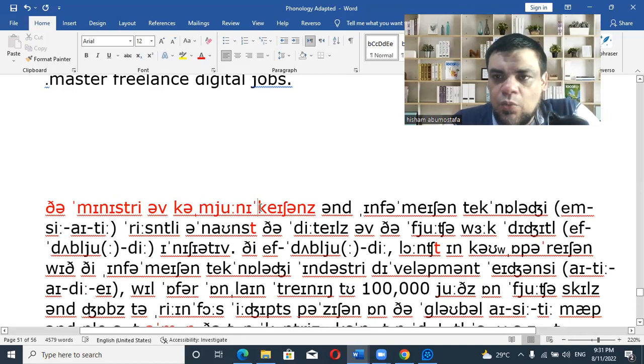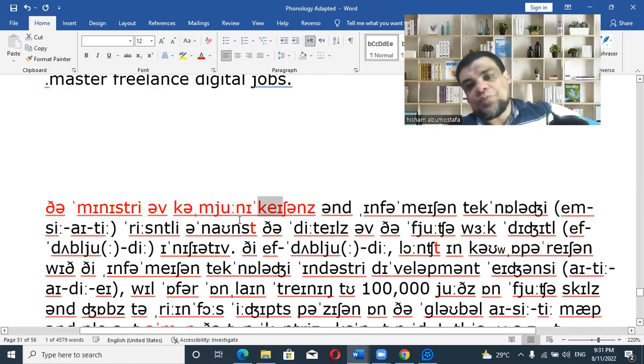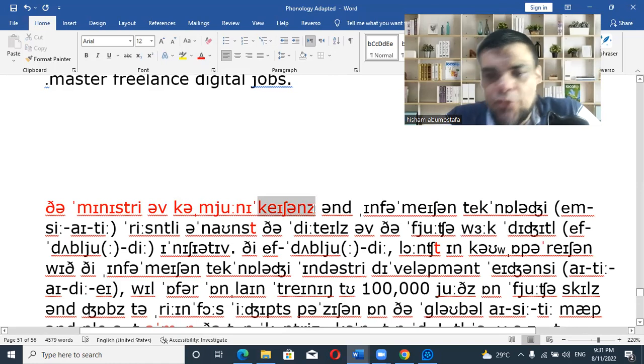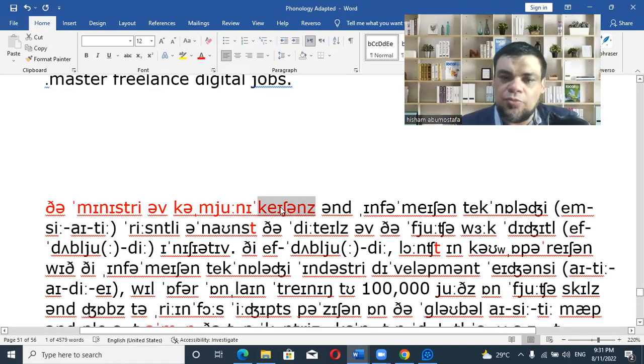Okay, where is the primary stress? The primary stress lies here. Occasions. Okay, what about the rhythmic? What about the stress group? Yes, this is the stress group.